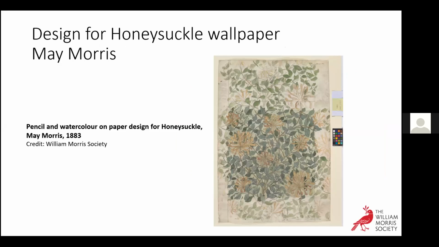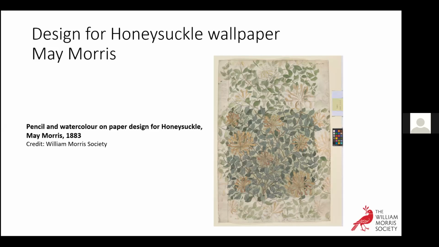The Society is extremely fortunate to have this beautiful original watercolour design, and it's the only design for wallpaper by May Morris in the Society's collection. Wallpapers were one of the first products offered by Morris and Company, although Morris's attempts to print his first 3 repeating patterns, Daisy, Trellis and Fruit, using oil-based inks on etched zinc plates were not really a success because the results were inconsistent.